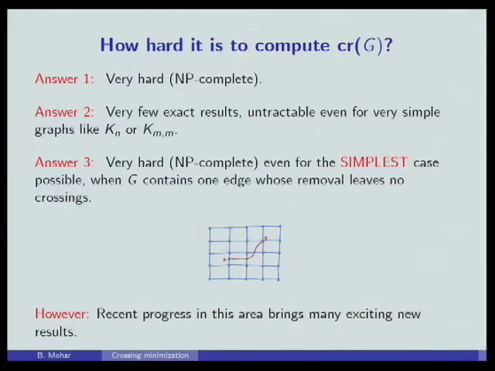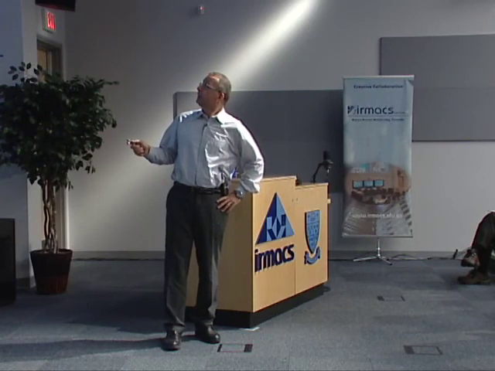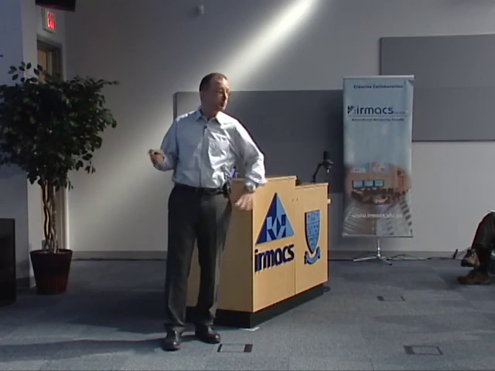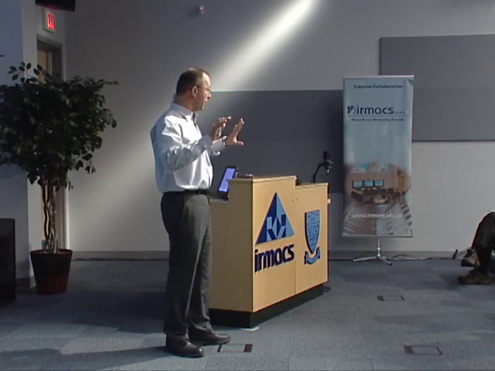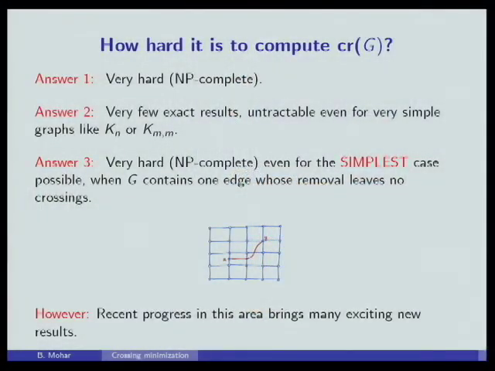What is more surprising is that it is hard for anything you can imagine. This is a result that I proved last year with Sergio Cabello: even if your graph is very simple, looks like something you can draw without crossings, like in this picture, the blue subgraph, and then you add one extra edge.